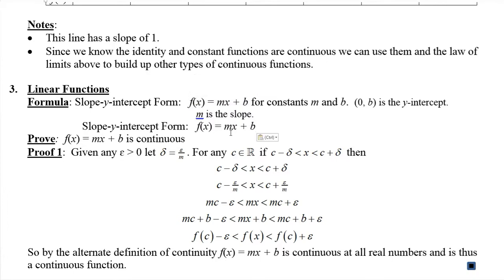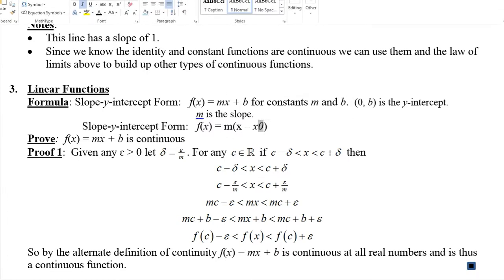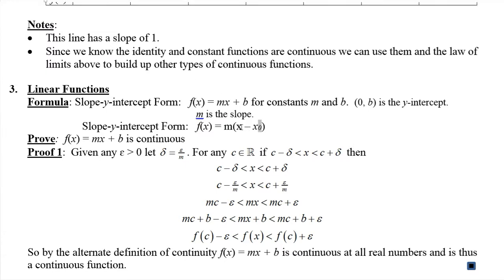We simply factor out the m, and what we end up with is, let me write it this way, minus x sub 0. And so x sub 0 then is our x-intercept. Well, it's the x-coordinate of the x-intercept.